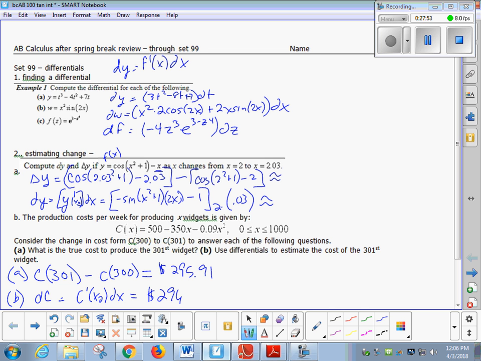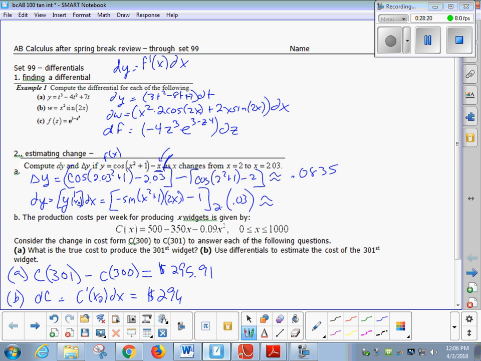This one, when I did my key, I didn't see that minus x off to the side, so all my answers are wrong. Did you get something like 0.085 there? That's delta y, the true change, if you actually put in 2.03, actually put in 2 and subtract. That's the true change.